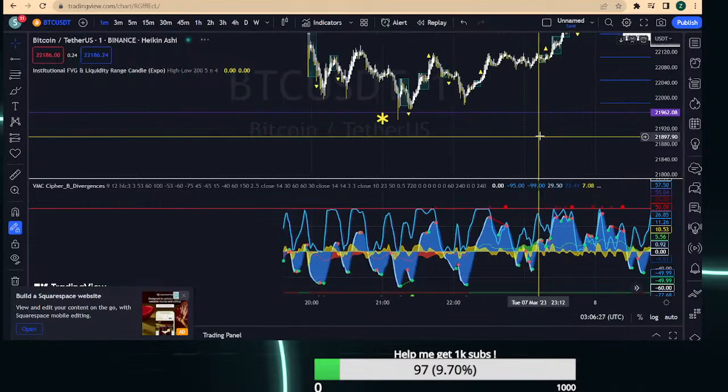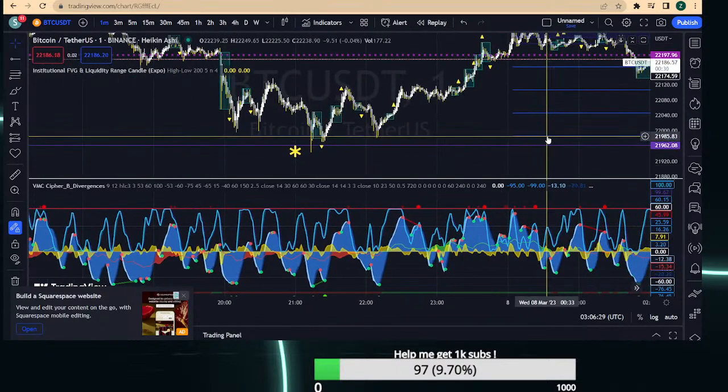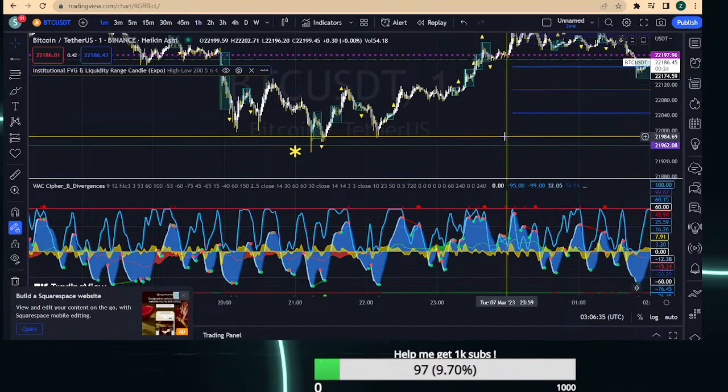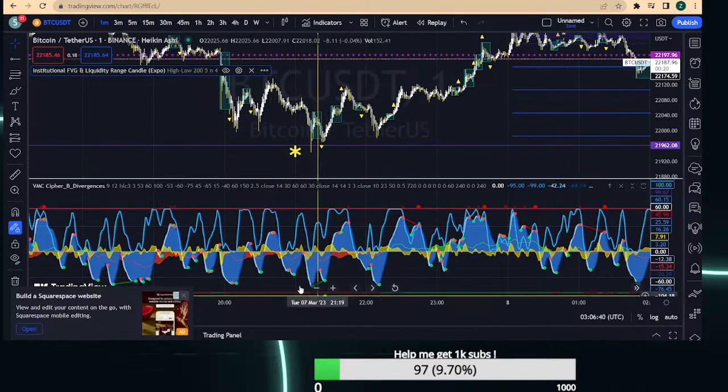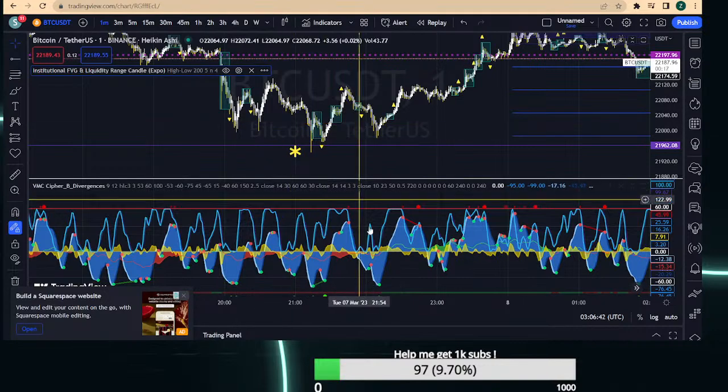Even looking down here, this SR level, which was the 21,984 whatever, is heavily confluent with these moves here, and looking at the VMC, it's also confluent.